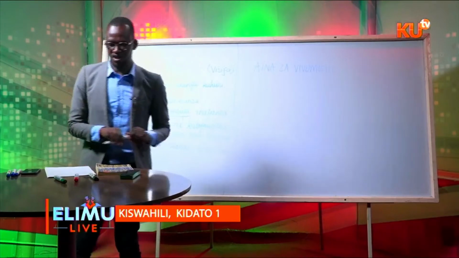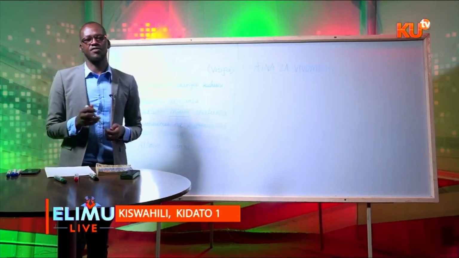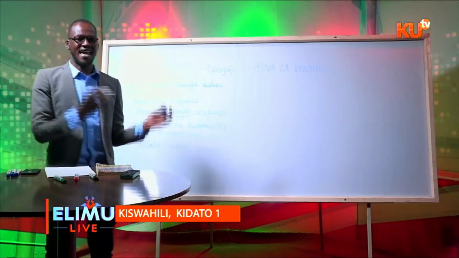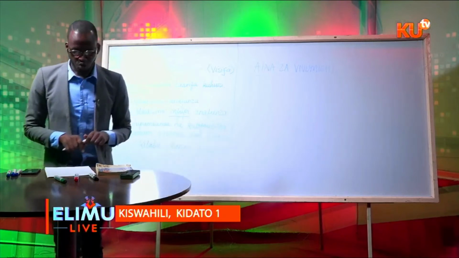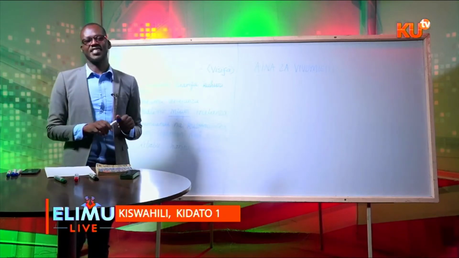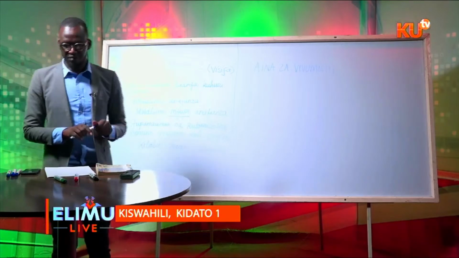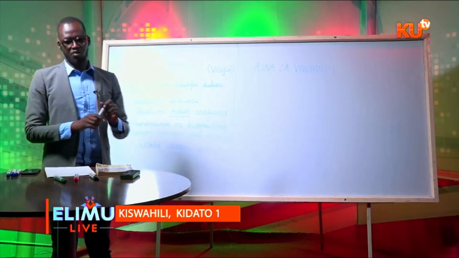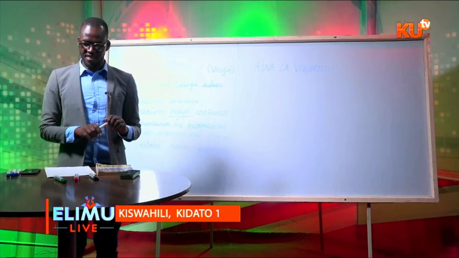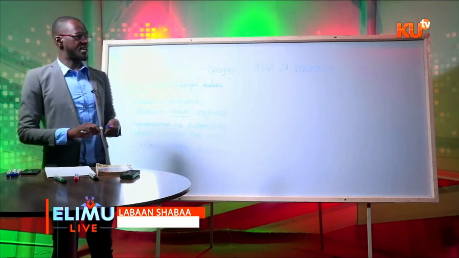Kwa hivyo tutajifunza leo pia aina mbalimbali za vivumishi kama tulivyojifunza kuhusu aina za nomino. Kuna aina mbalimbali za vivumishi katika lugha ya Kiswahili. Na vivumishi hivi vimeainishwa kwa misingi ya vigezo vya dhana au maana na kimuundo.